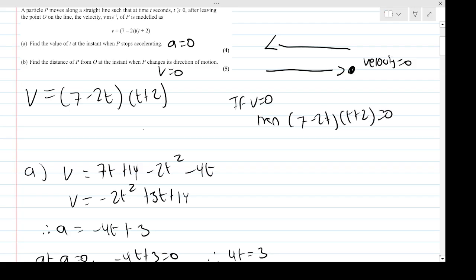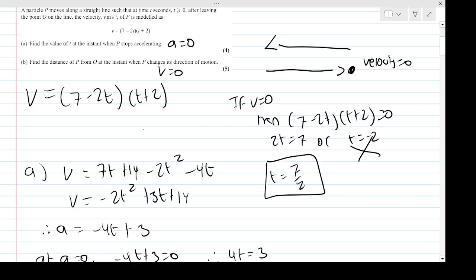So we get that 2t equals 7 or t equals minus 2. But obviously we can't have that because that's negative. So then we get t is 7 over 2. And that's my only solution there. So in other words, we want the distance at the point when the time is 7 over 2, from O.